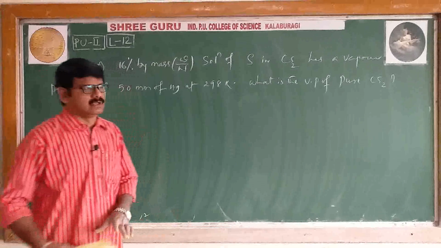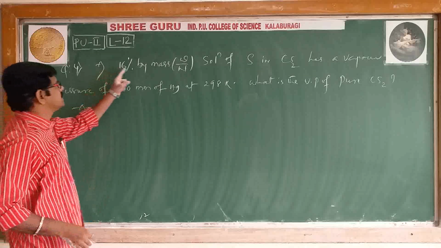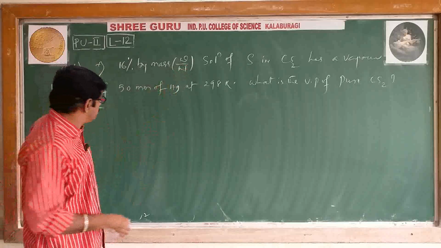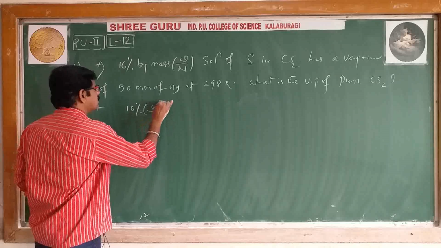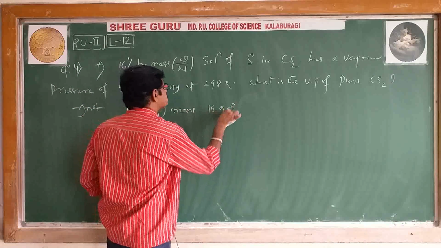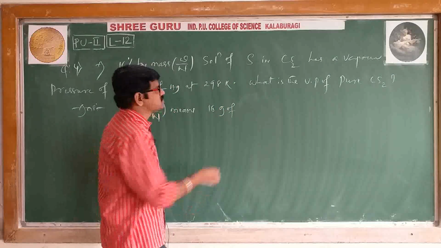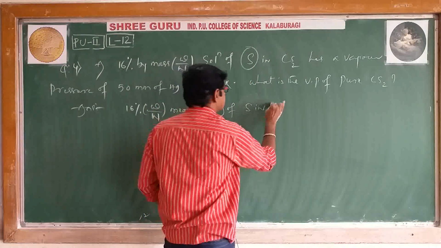Let's discuss now. We'll first write its meaning. 16% by mass, W by W, means 16 grams of solute. Who is the solute? Sulfur.